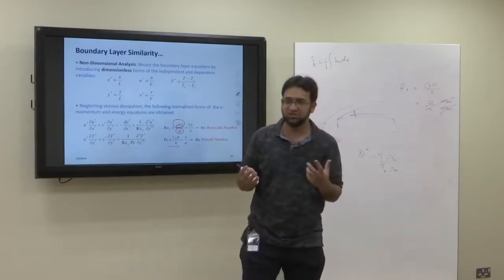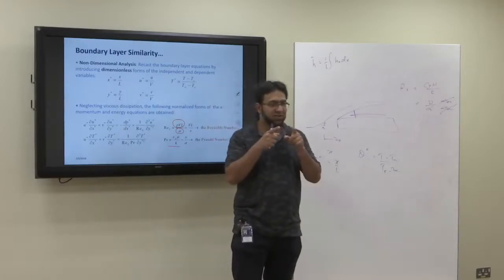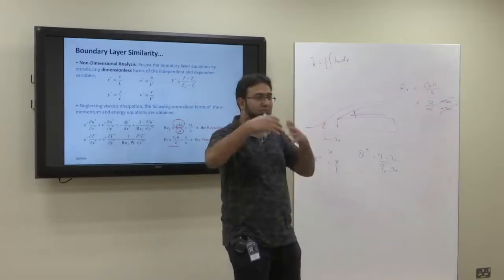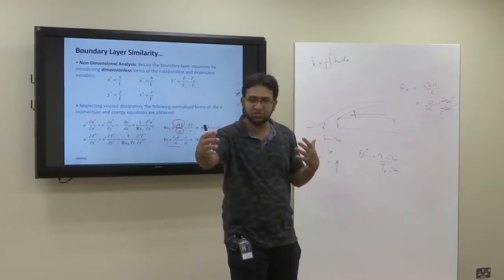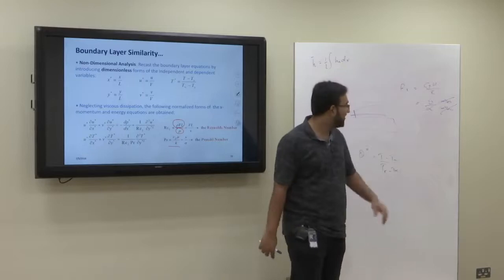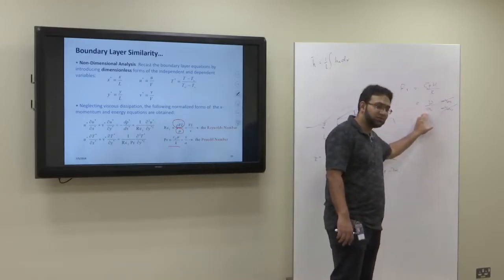Now it's a race, which one goes faster? Okay, so if both are equally fast, the wave is propagating with equal speed compared to the speed of the heat propagation, then Prandtl number is 1. Okay, so momentum dissipation is the same as thermal dissipation.